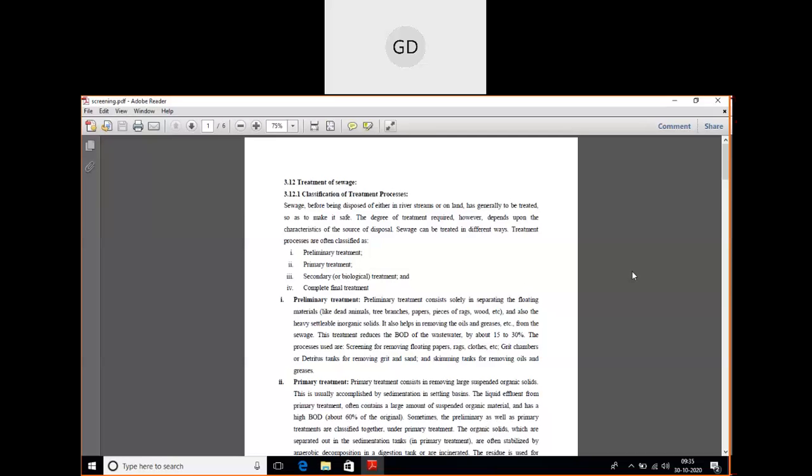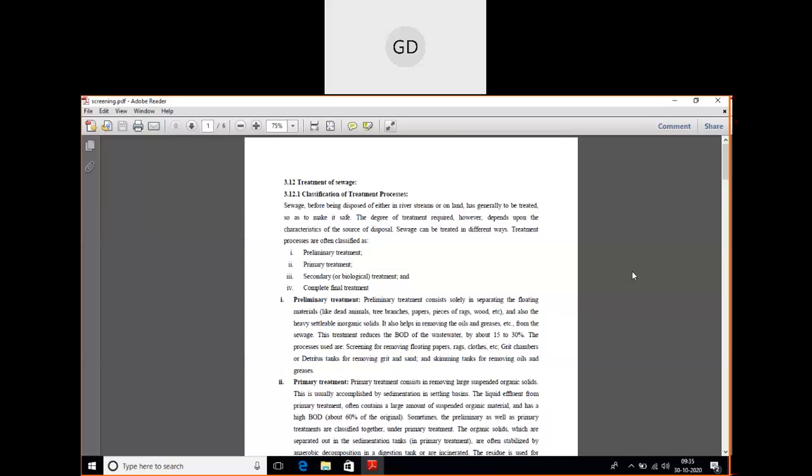So you have to remember the names, like which tank removes oils or greases, or which removes sand or debris. All these things you have to know the names. We will be discussing this.